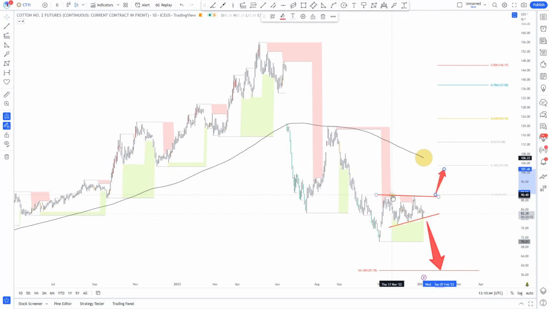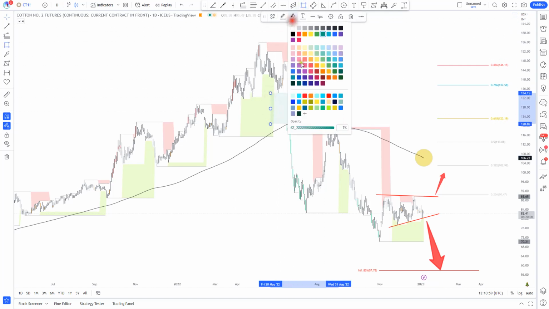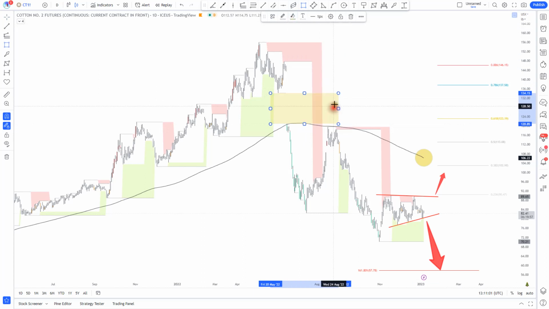For the upside, as I said, a violation of these resistance levels may trigger momentum to the upside. I will point to a visit to this 200 moving average and look at this huge gap above on cotton unfilled.